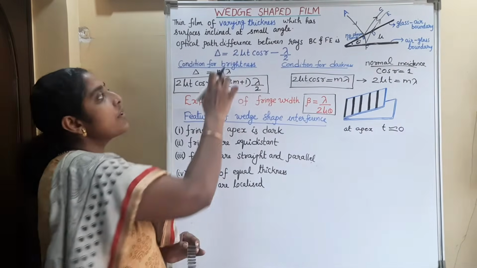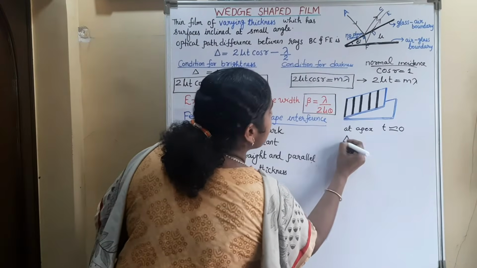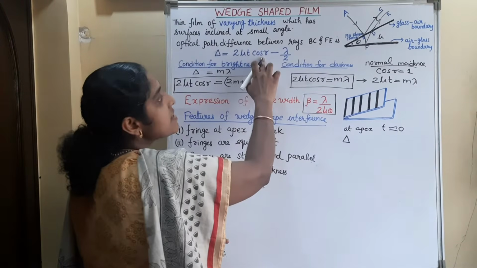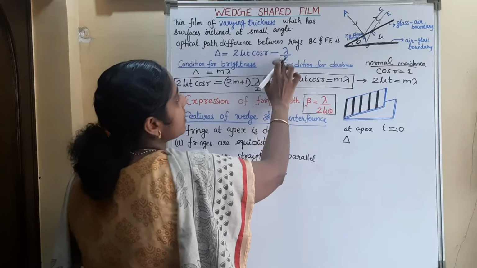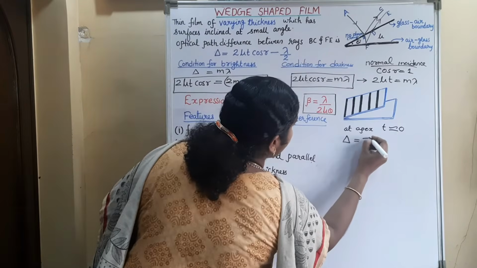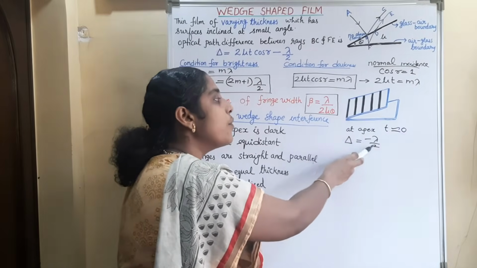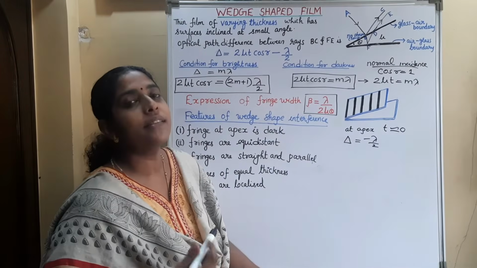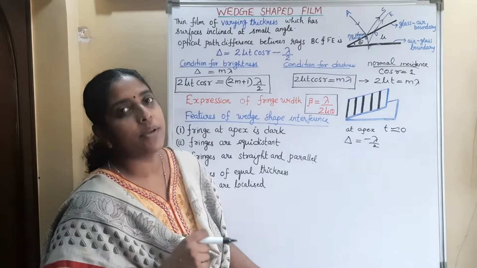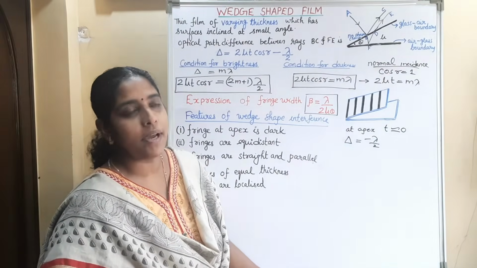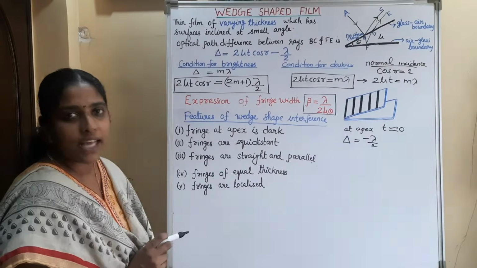So the expression for the total path difference delta, 2 mu t cos r, is 0 because t is 0, and the remaining term is minus lambda by 2. That is, the optical path difference at the apex is an odd multiple of lambda by 2, which corresponds to a dark band. So at the apex we get a dark fringe.